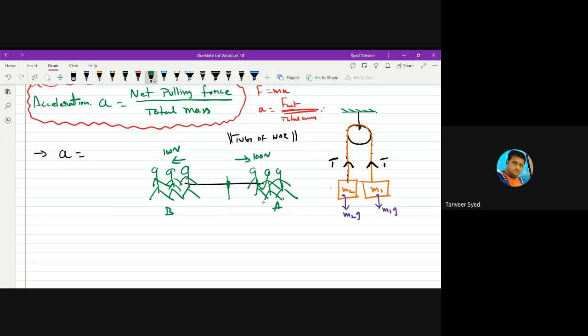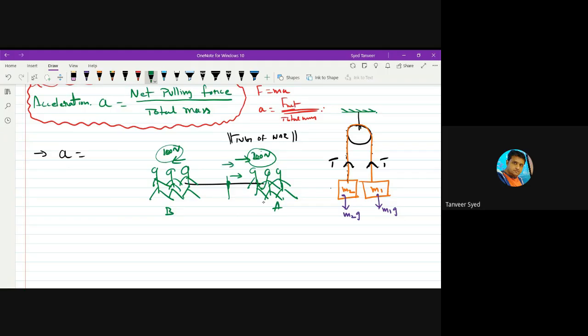If team A pulls with 200 Newton and team B is pulling with 100 Newton, what happens? The kerchief will move towards team A because this force is larger, this force is smaller. The resultant of these two will be 100 Newton towards the right.